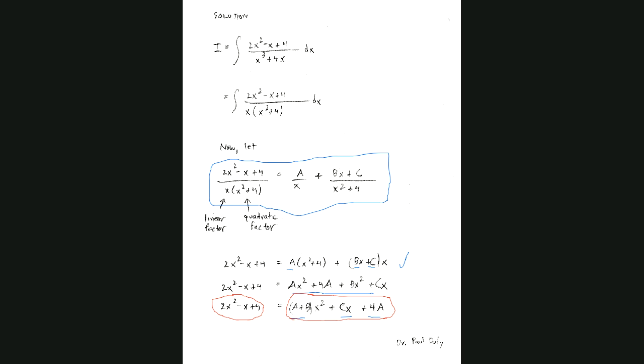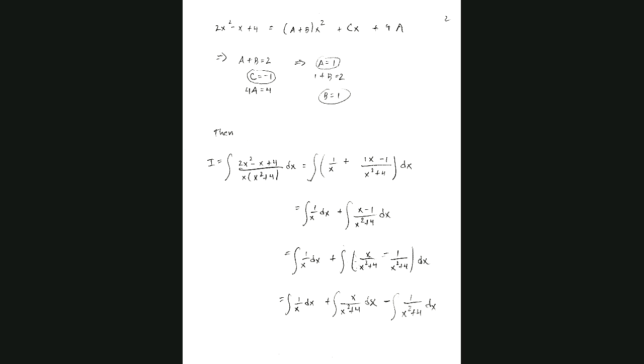Therefore, A plus B, in front of the x squared term on the right side, would have to equal 2. C times x on the right side, C would have to equal -1, which is the coefficient of x on the left side. And then 4A would have to equal 4. And so you get 3 equations and 3 unknowns, and you solve for those equations. And we did that. We solved for A, B, and C.